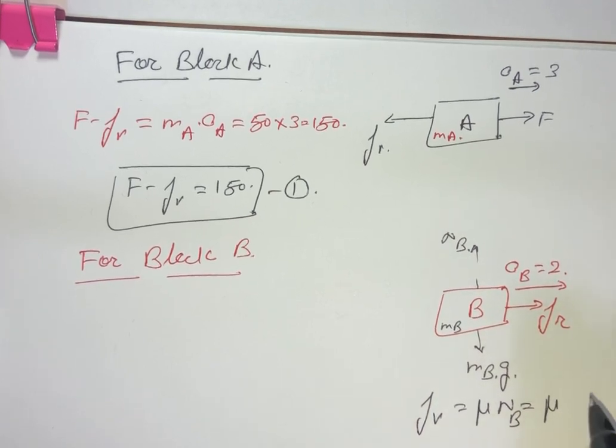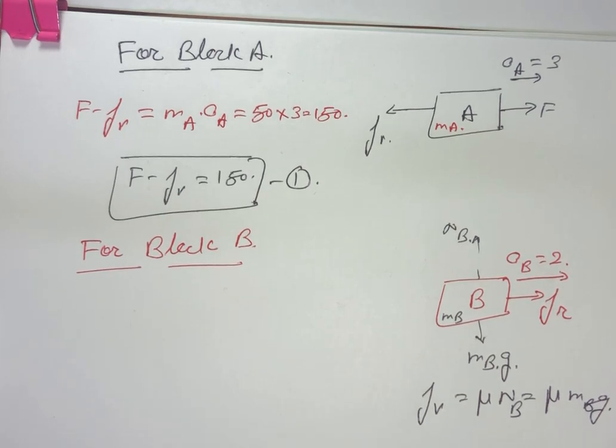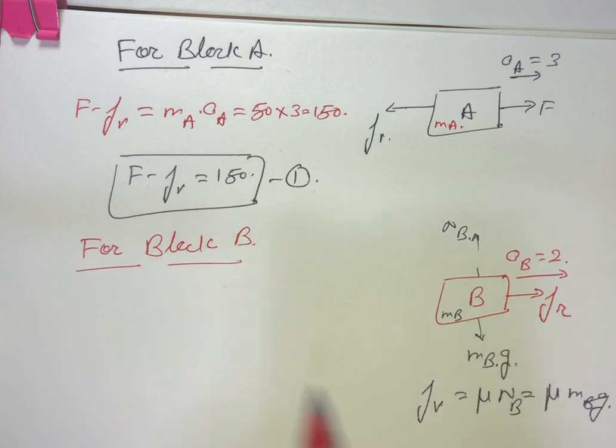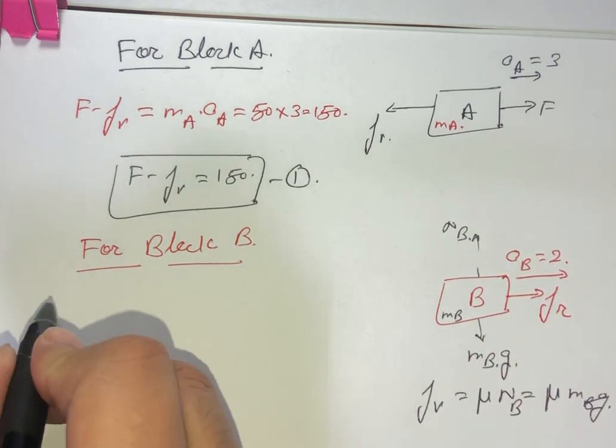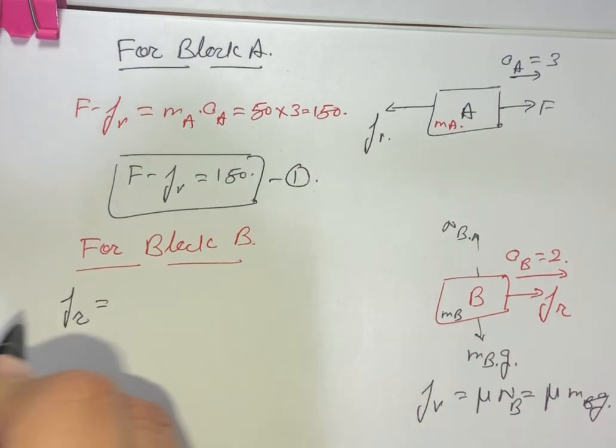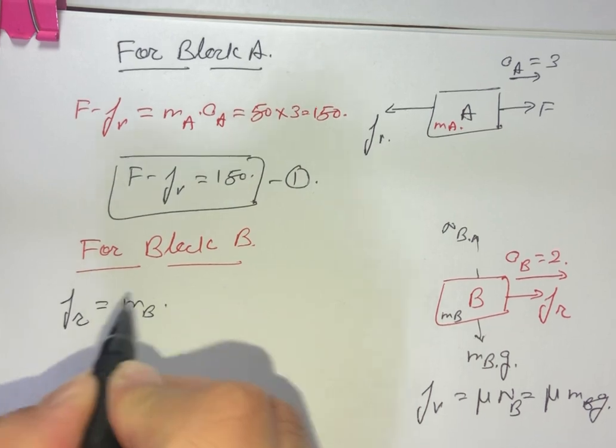So we can write mu multiplied by MB into g. And we can also write that Fr will be equal to MB multiplied by AB.